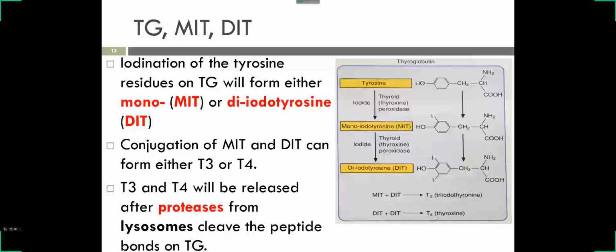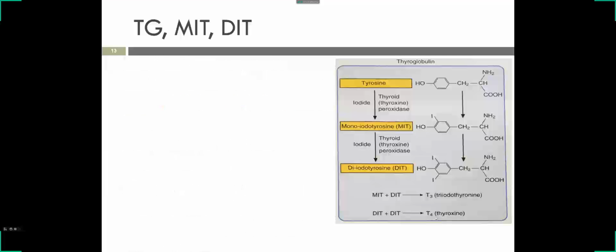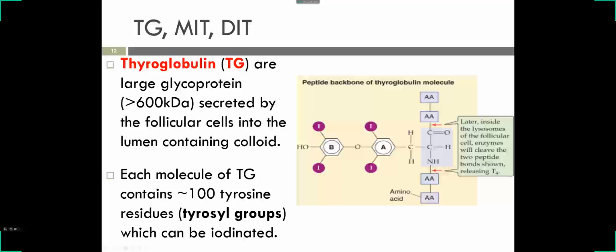These T3 and T4 are released only after proteases from the lysosome cleave them from the TG. So if we go back to what the TG looks like, you have to get cleavage from the TG to release T3 or T4. Here are the bonds in red showing you these peptide bonds that cleave.